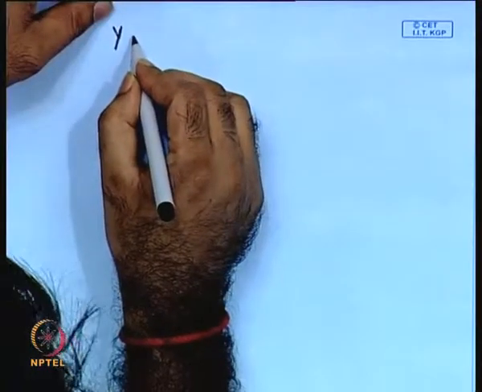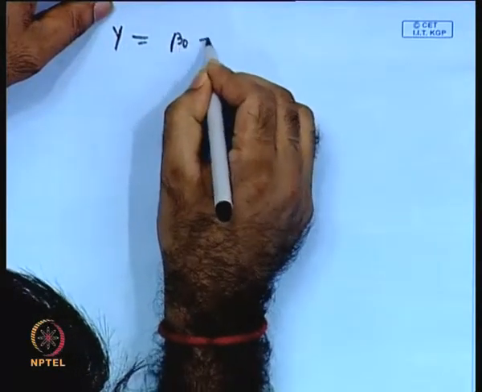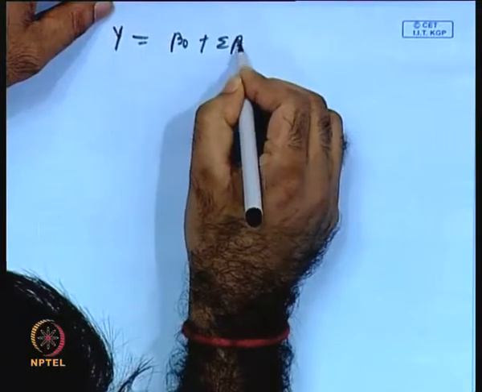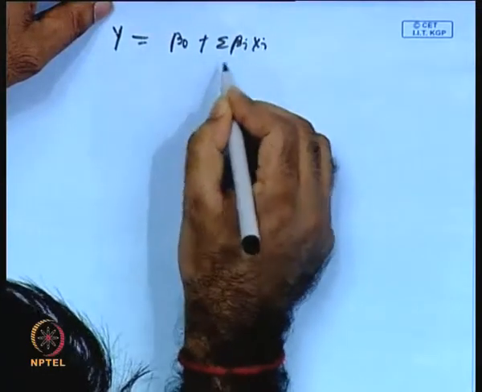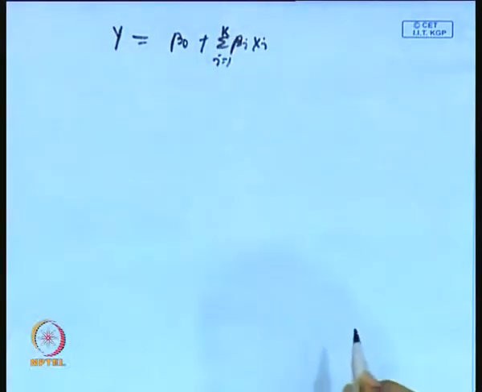So y equals beta 0 plus summation of beta i xi, i equal to 1 to k. This is the mathematical starting point of multivariate models.